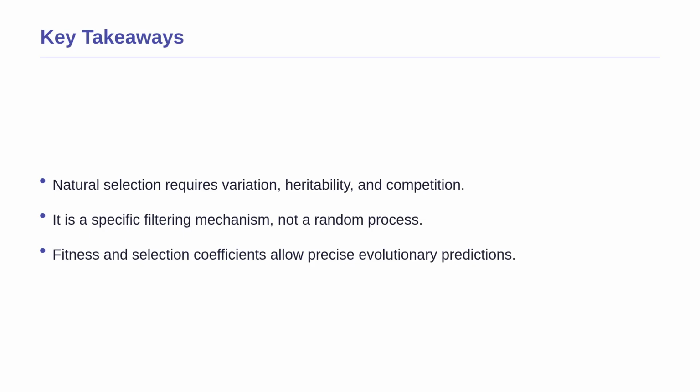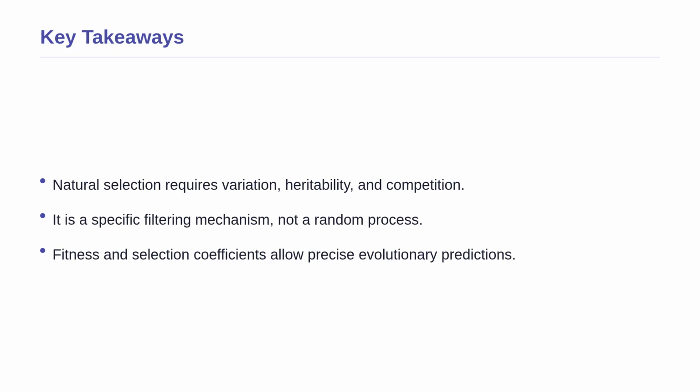We have covered a lot of ground today, so let us summarize our key takeaways. First, remember that natural selection is the logical outcome of variation, inheritance, and competition in a world with limited resources. Second, it is absolutely not a random process.